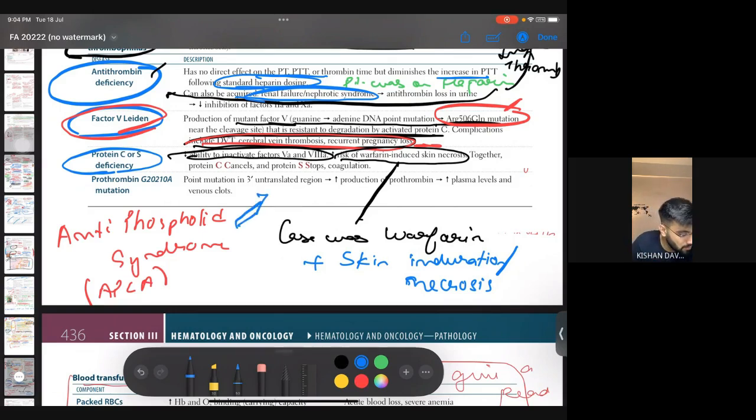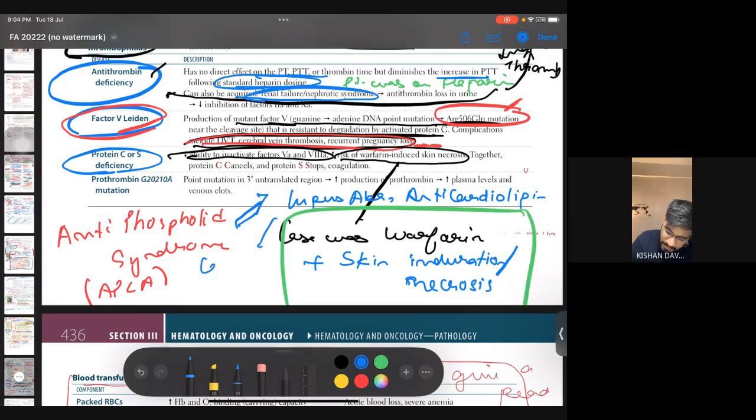For diagnosis, you should be finding lupus antibodies, anticardiolipin. Now see how the case will be presented to you: either it will be DVT, CNS stroke, and recurrent fetal loss. Recurrent fetal loss is very important.